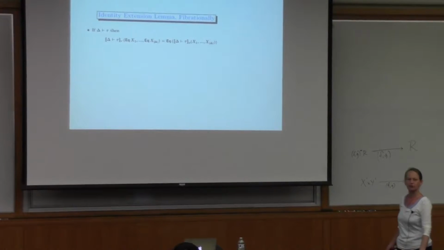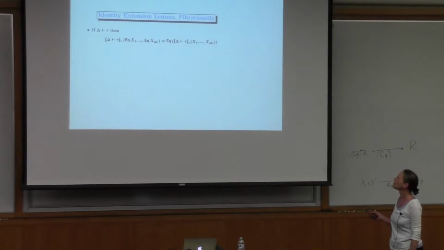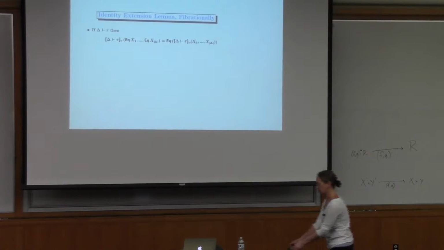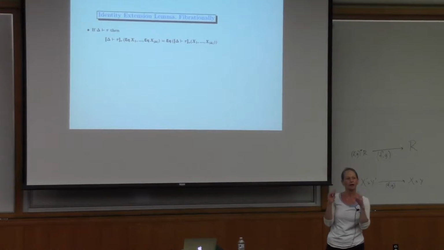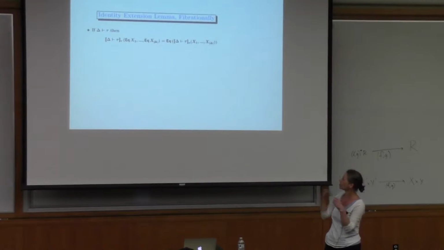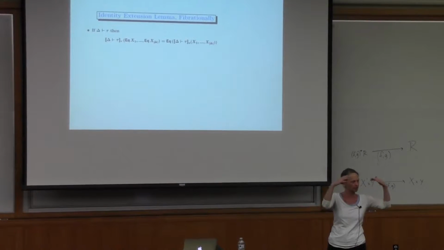Well, we can take a fibrational take on that as well. So remember, the identity extension lemma says this: if you have a type and you interpret it in a context that has a whole bunch of relations, right? So we look at the relational interpretation, and you interpret that with respect to a bunch of equality relations. So basically, you interpret every type variable in your type as an equality relation, and you propagate that up the type hierarchy to see what you get at the type tau.